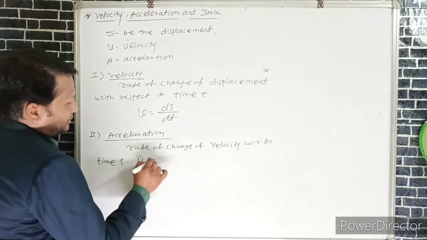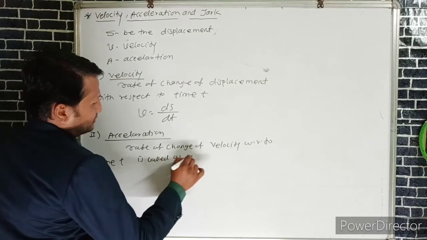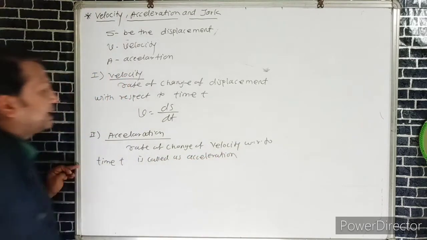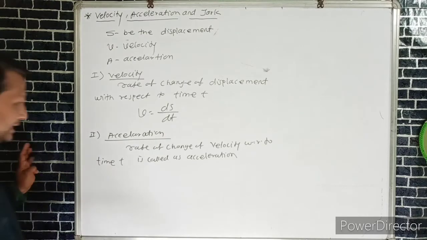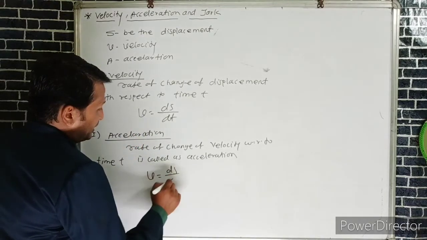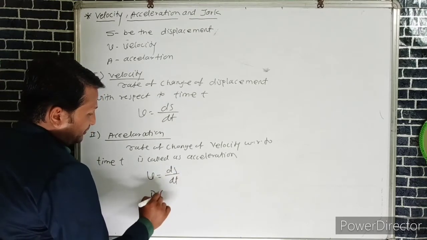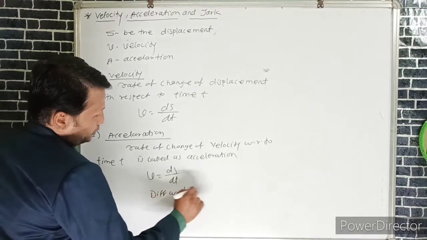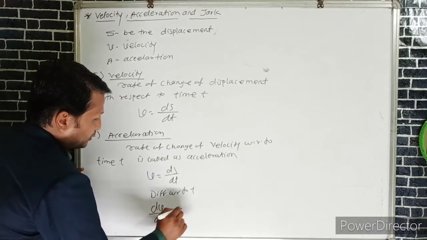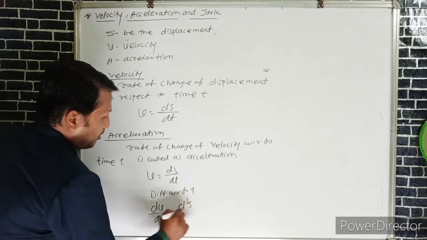It means that if v is equal to ds upon dt, and if we differentiate with respect to time t, then we get dv upon dt is equal to d2s upon dt square.